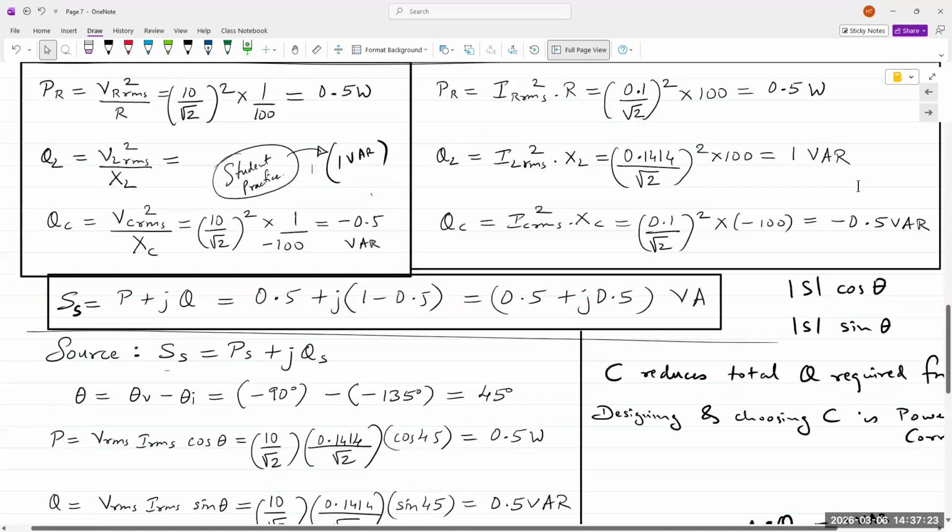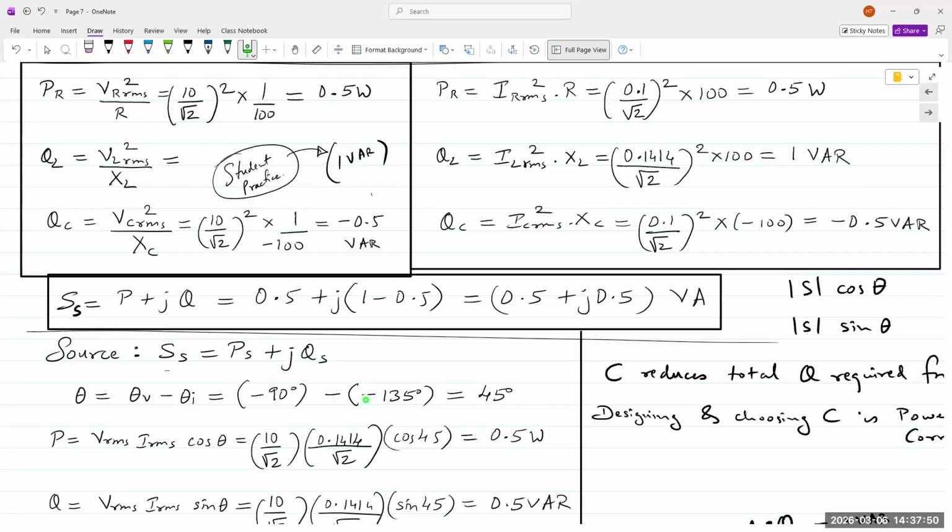Now, since we have the power for the three components, we add them all together and we have the actual power coming from the source. 0.5 is the real power, PR, and total Q is 1 minus 0.5, so total reactive power is 0.5 VAR.